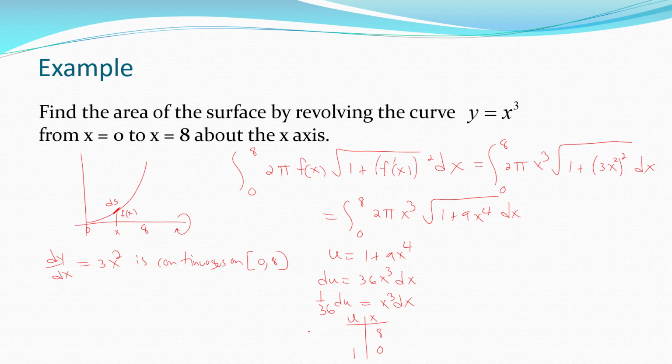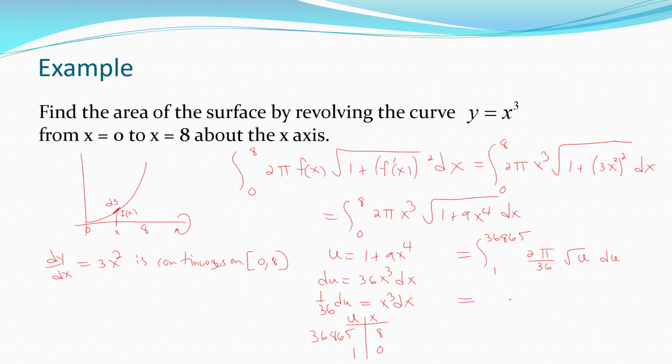It will be 36,865. Okay, that's fine. So then the integral becomes the integral from 1 to 36,865. You have our 2 pi still there. Our x cubed dx becomes 1 over 36 du. And then the square root becomes the square root of u.